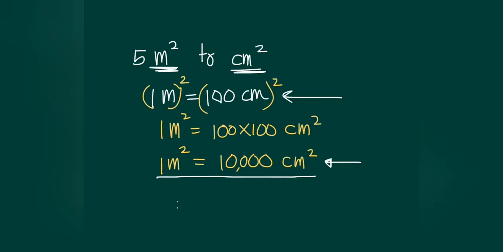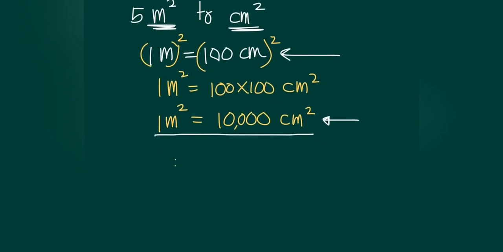Why is this important in our solution? Take note, what we want to convert is 5 m squared. 5 m squared is basically 5 times 1 m squared.